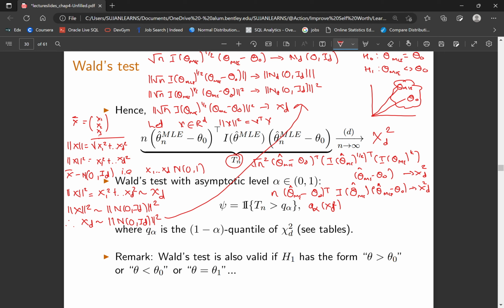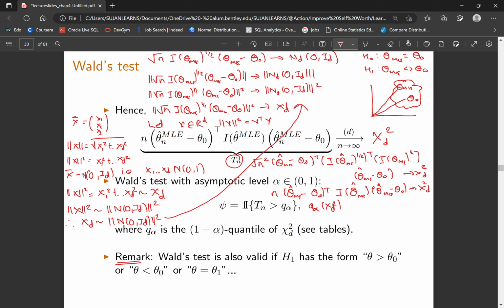Now, one thing I want to focus your attention on is this remark, where Wald's test is also valid if H1 has the form theta greater than theta naught, or theta smaller than theta naught, or theta is equal to some other value than theta naught. Why is this? When we defined Wald's test, what was the hypothesis of Wald's test?